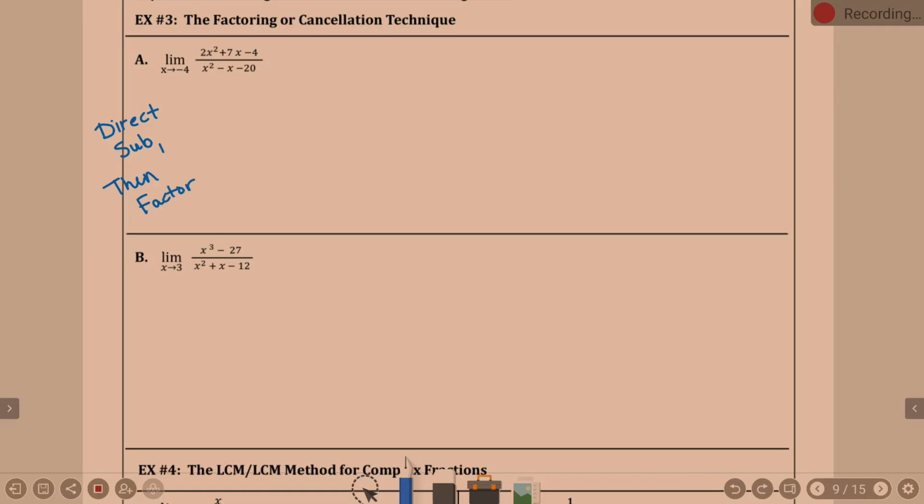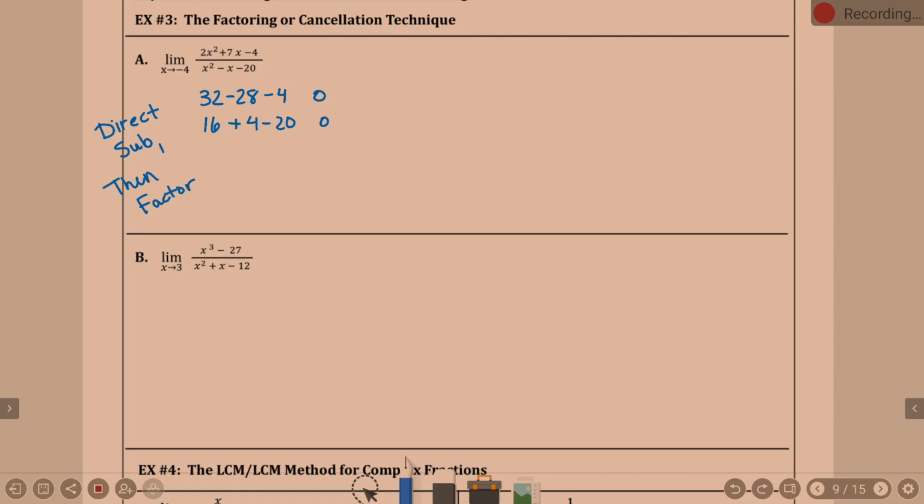If I plug in -4 here, -4 squared is 16. 2 times 16 is 32. Minus 28 minus 4. I'm seeing a 0 on top. 16 plus 4 minus 20.